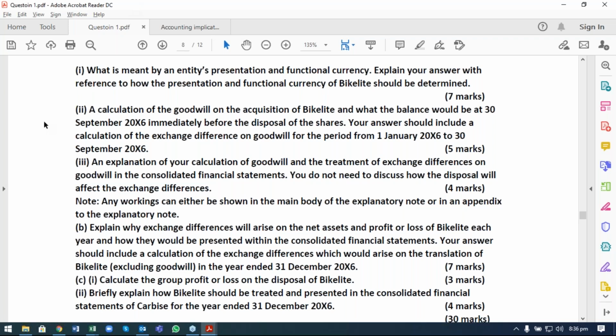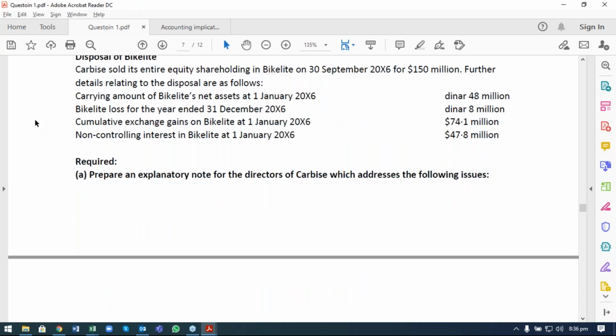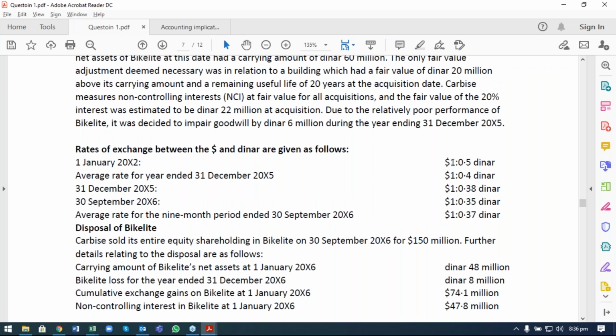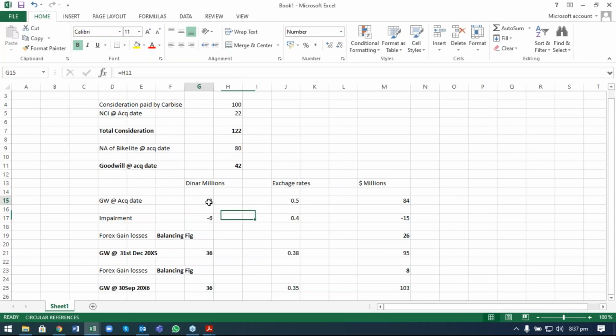To give you an understanding from an exam perspective, you can see here, if you look at the ratio, the dollar is higher. So you can get $2 with 1 dinar, right? So if you are going to translate from dinars to dollars, the dollar value should be higher, right? If you are multiplying 42 with 0.5, it will give you the dollar value as a lower sum.